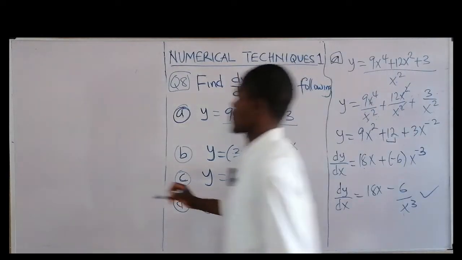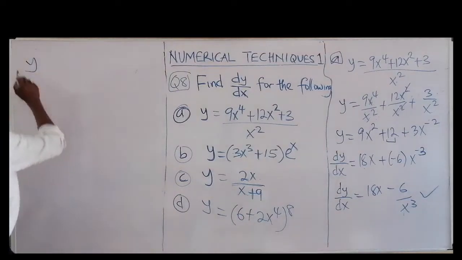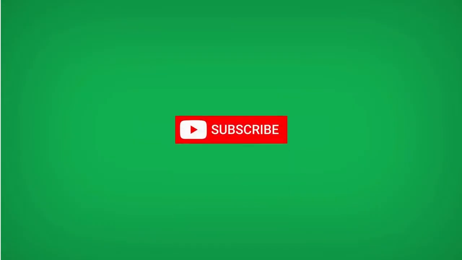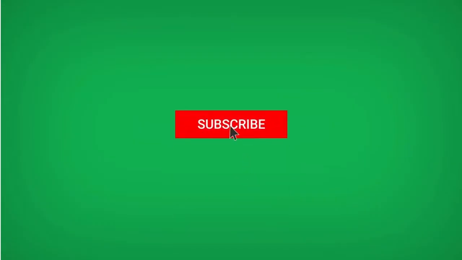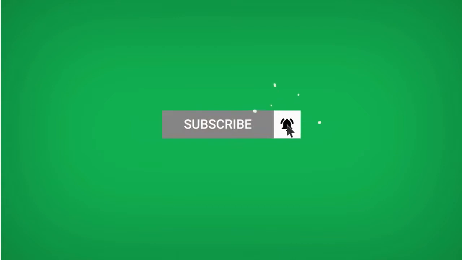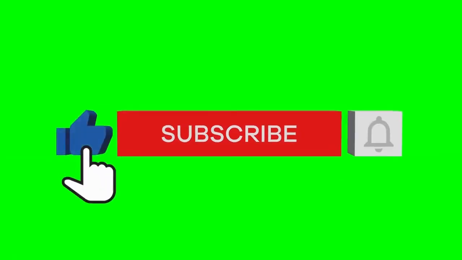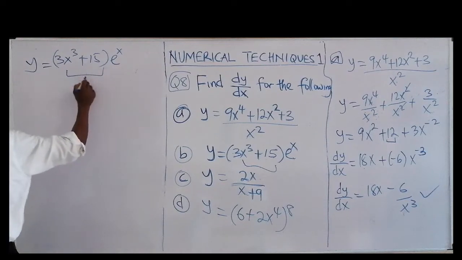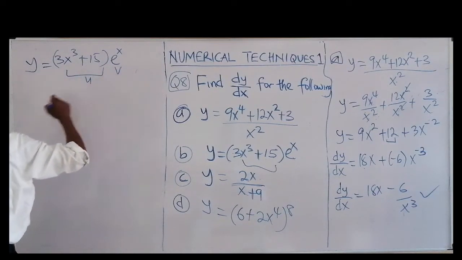The second one is a product. We have this and we have this, so we use the product rule. y equal to 3x cubed plus 15 times e to the power x. Call this one your u, this one your v.